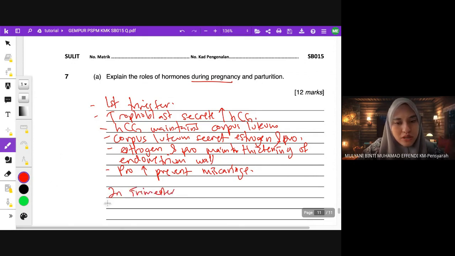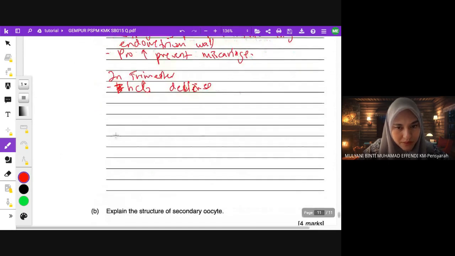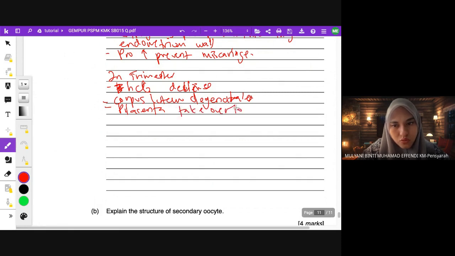So apa yang berlaku kat sini? HCG declines, menurun perembesan dia. Lepas tu corpus luteum degenerates. So placenta take over to secrete progesterone and estrogen.